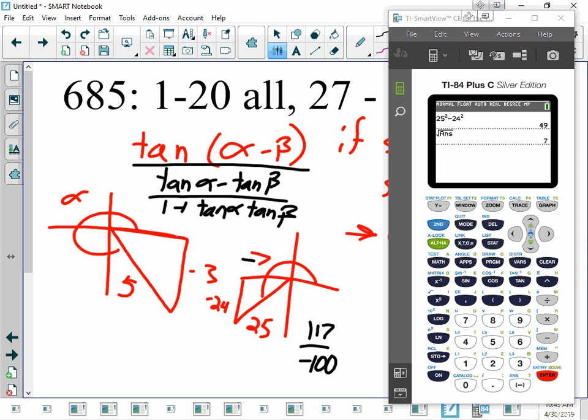Okay. This may or may not be easier. It just kind of depends on the problem. So what is the tangent of alpha? Oh, sorry, this is a 4 still. The tangent of alpha is going to be negative 3/4 minus, what is the tangent of beta?